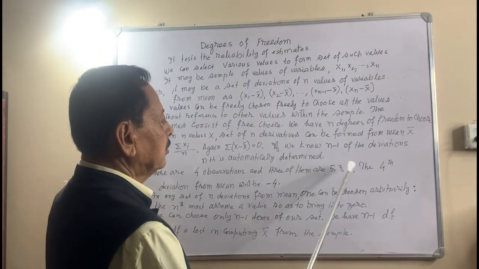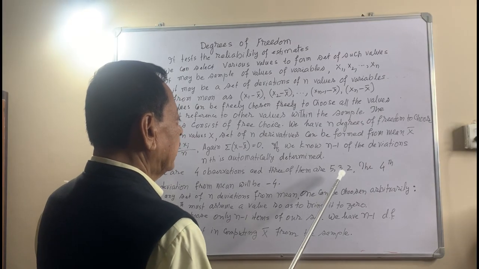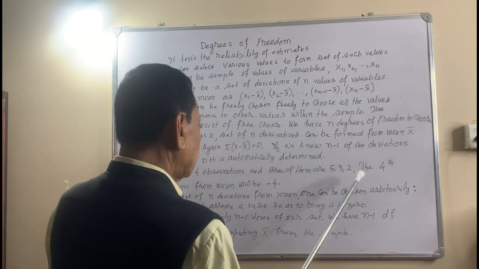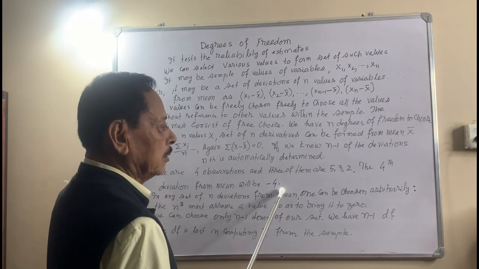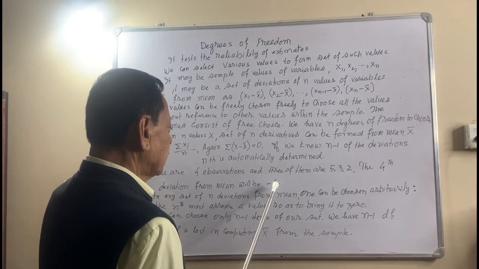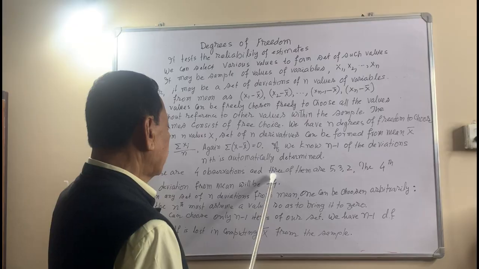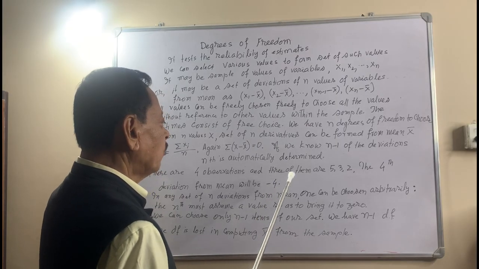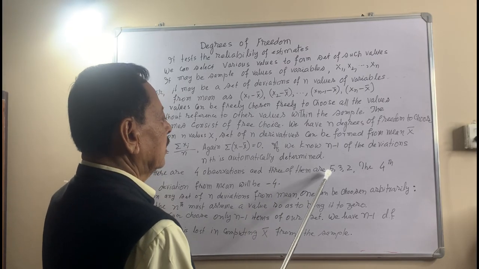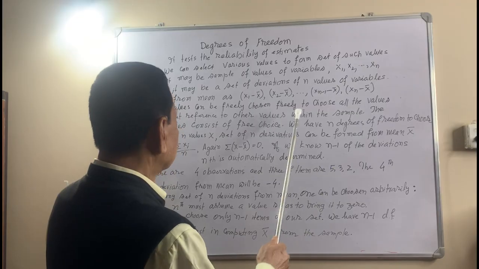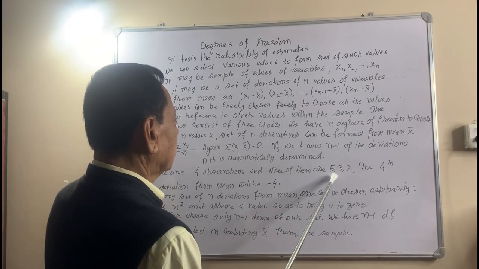If you do this homework, you will find that if we put x as 4, then it will be 0. That means 4 is more, and we have to subtract it. Then the sum of our deviations will be 0.